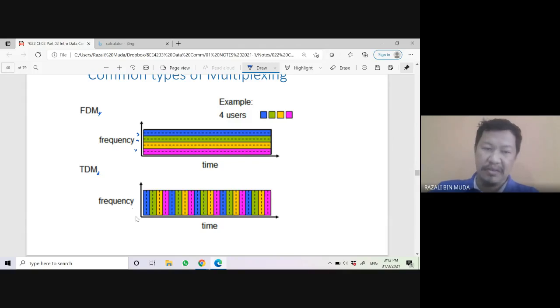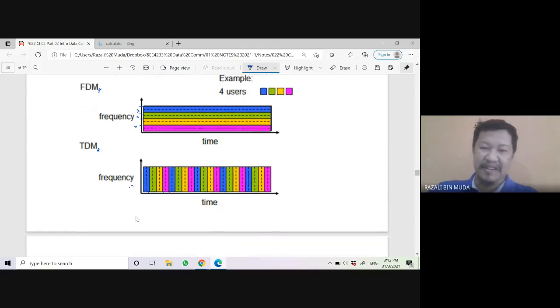It is the same signal, but for FDM, the signals are divided in terms of frequency. Whereas in TDM, the signals are divided in terms of time. So that is the difference.